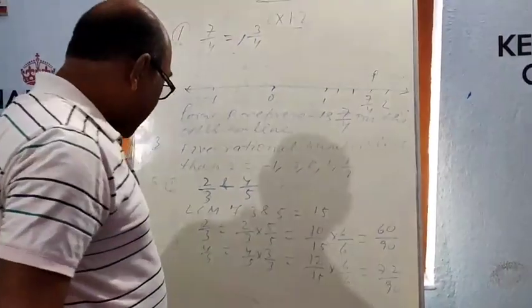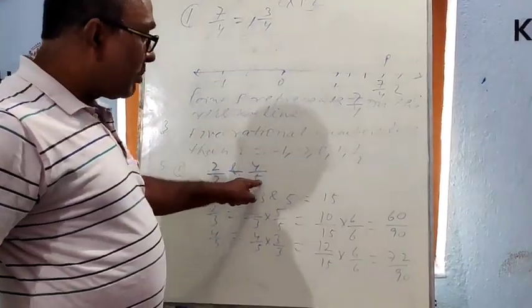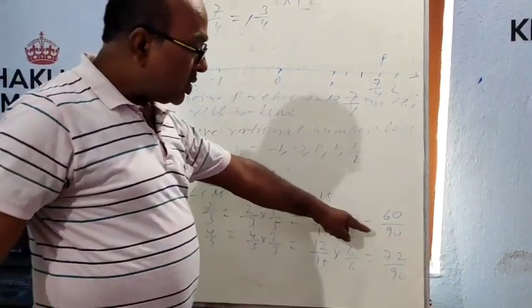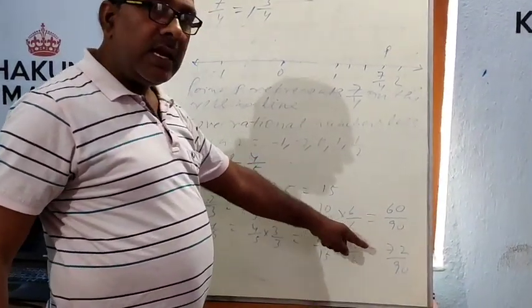Now, 5 rational numbers between these two numbers are 61 by 90, 62 by 90, 63 by 90.